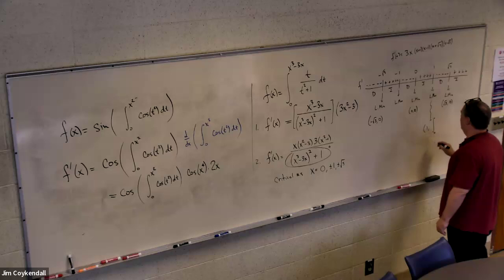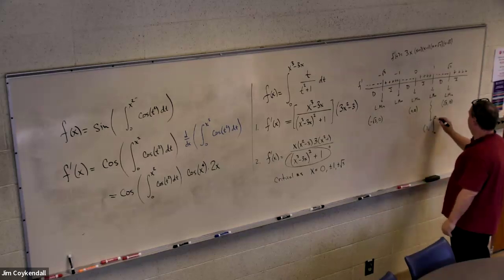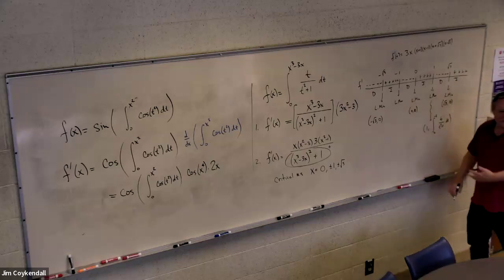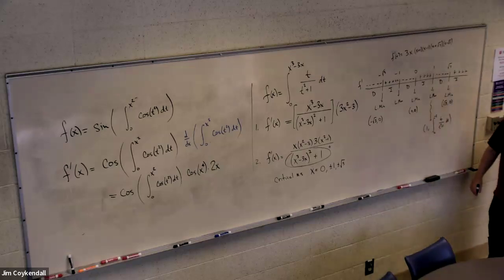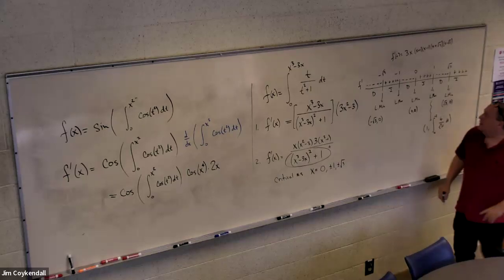Actually, when I plug in 1 here, I get minus 2, don't I? It's whatever the symbol is. Later, but I don't care. By the way, this number is whatever you get when you do this integral.